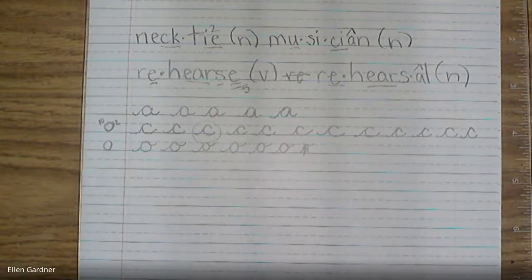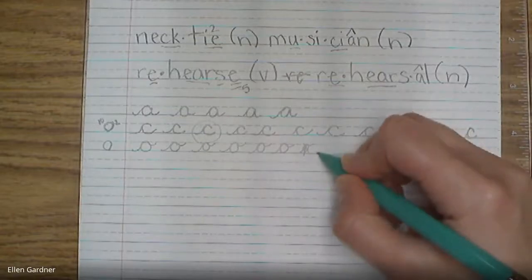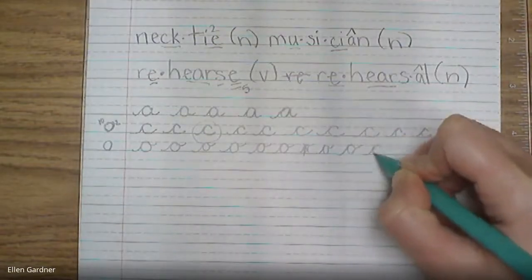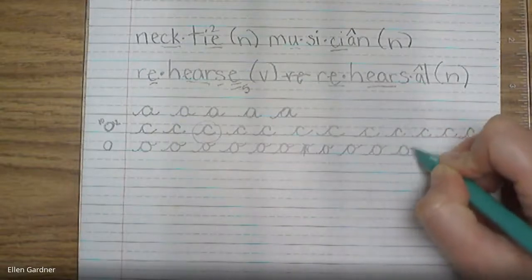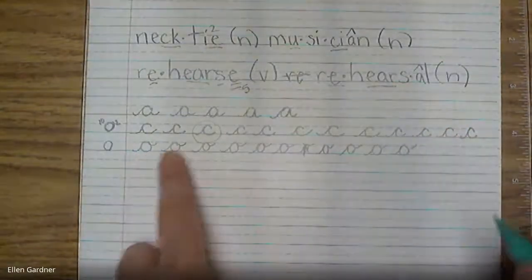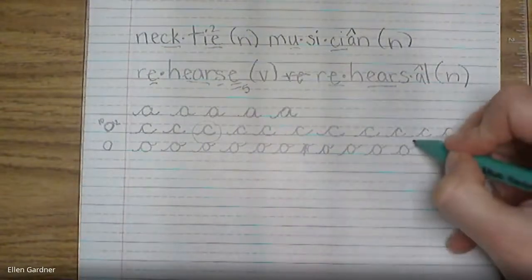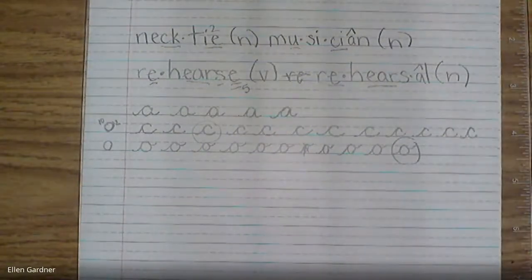Hold up your C's and O's once you finish filling out your lines, please. And try to have a good full O, like a round block. Not as much like an oval, more like a full circle.